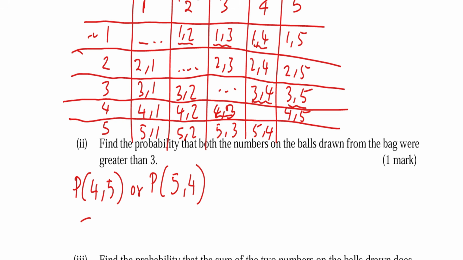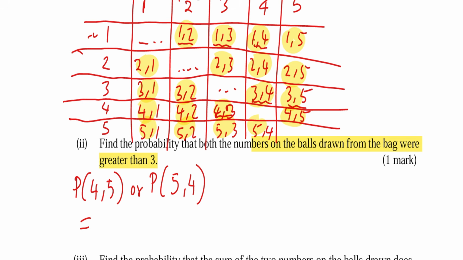So the probability of getting 4 and 5. It's a very easy question, isn't it? Let's look at all the occurrences. If you count 1, 2, 3, 4, 5, 6, 7, 8, 9, 10, 11, 12, 13, 14, 15, 16, 17, 18, 19, and 20.